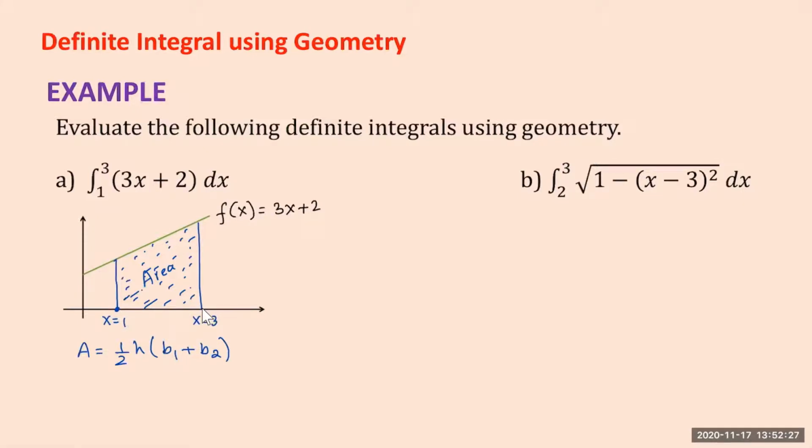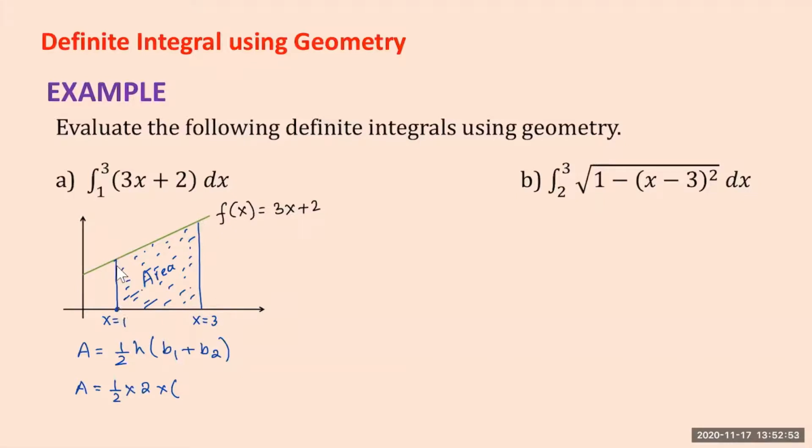So if I want to rewrite this, it will be half multiplied by the height, which is this distance between the parallel lines. These two are parallel lines. So that height will be 3 minus 1, which is 2. And then times base 1 plus base 2, B1 plus B2.